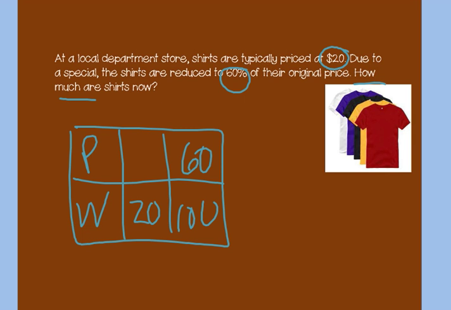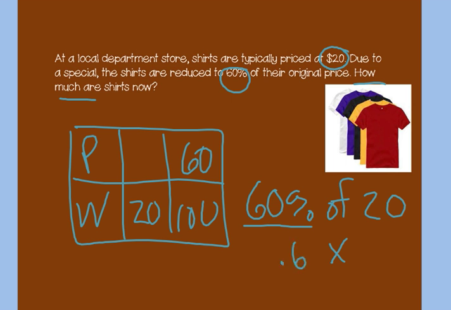Another way you can do this is to think 60% of 20, of means times, and we can write 60% as a decimal, 6/10 times 20. That also gives you the number 12.